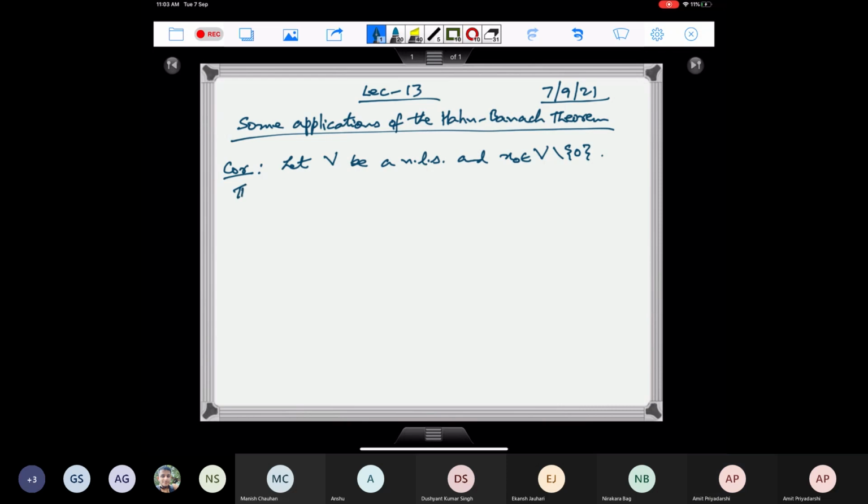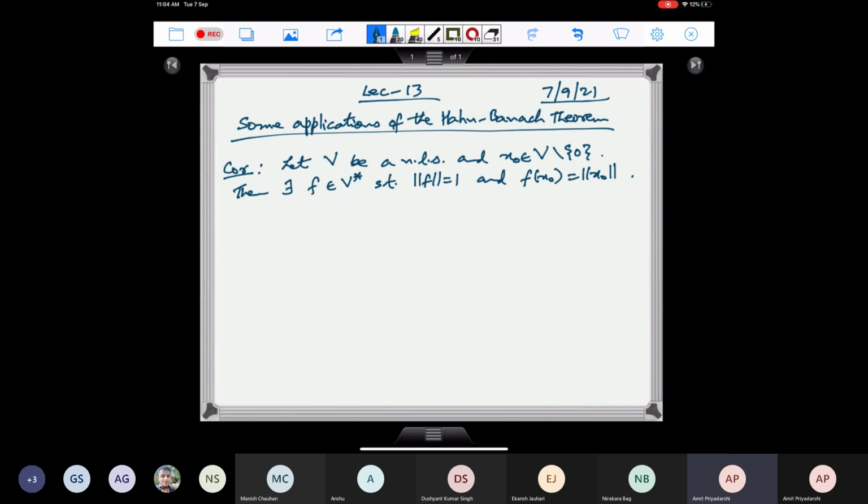Then there exists a bounded linear functional f, so f in V star, such that norm f is equal to 1 and f of x naught is equal to norm x naught. So this says that given any non-zero vector, you can find a bounded linear functional such that f of x naught is equal to norm x naught, and we can make norm f equal to 1 also.